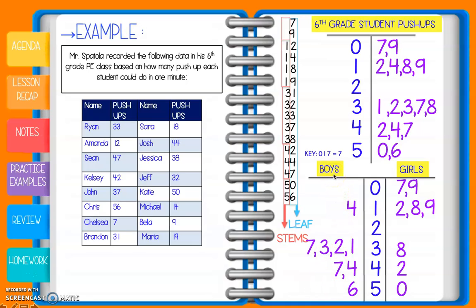If we look at the girls' data, most of the data falls towards the lower extreme, okay, with a little tail off to the upper extreme. When most of the data falls towards the lower extreme, that's considered skewed right. So the girls' data is skewed right. So that's a comparison that we can make using our stem and leaf plot.